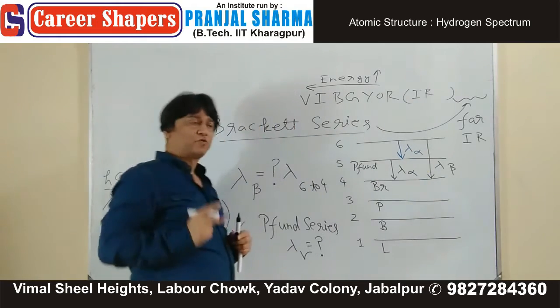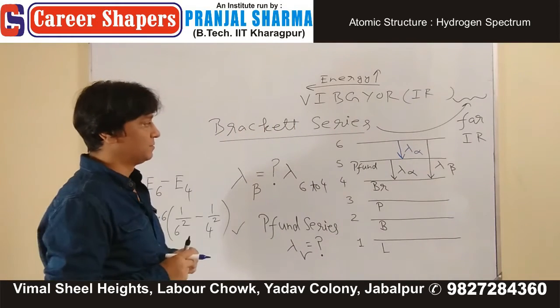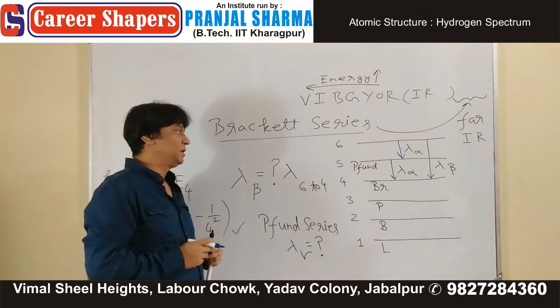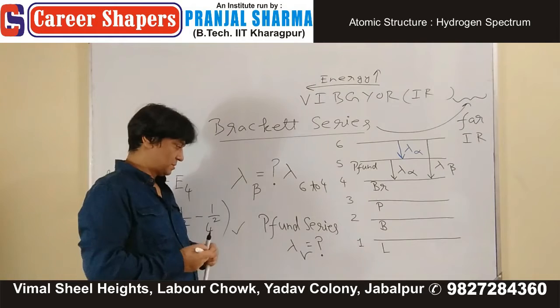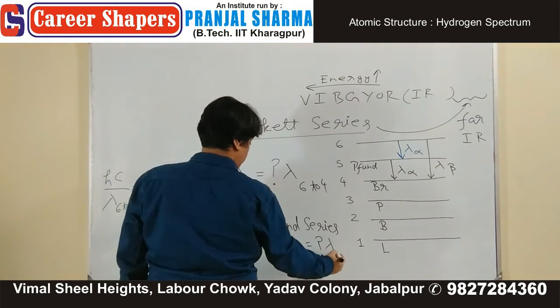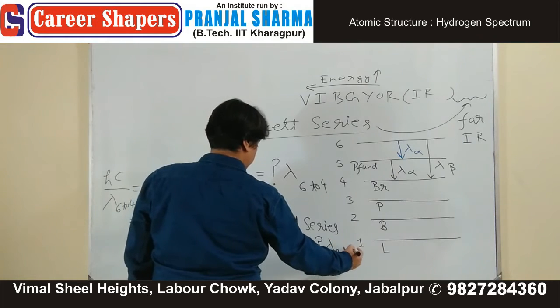The first spectral line from 6 to 5. Second will be 7 to 5. Third, which is the gamma, is from 8 to 5.